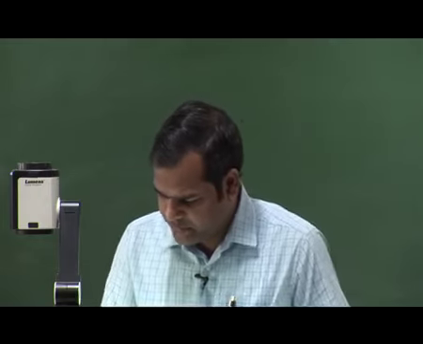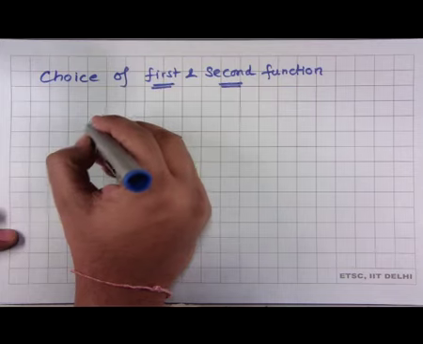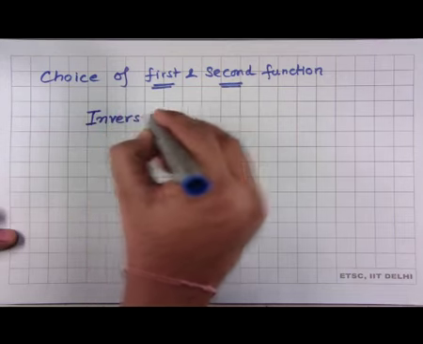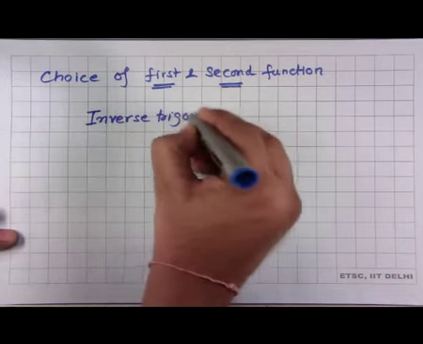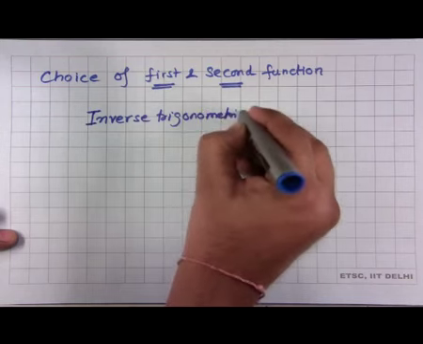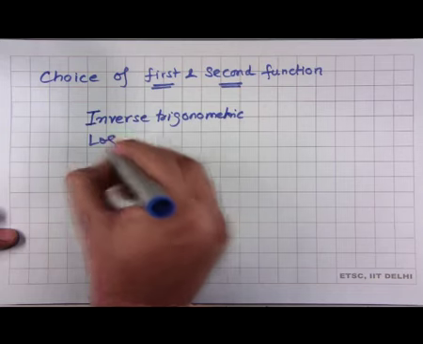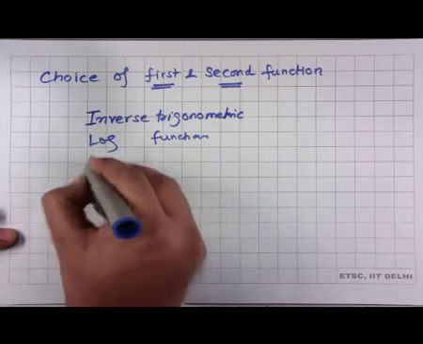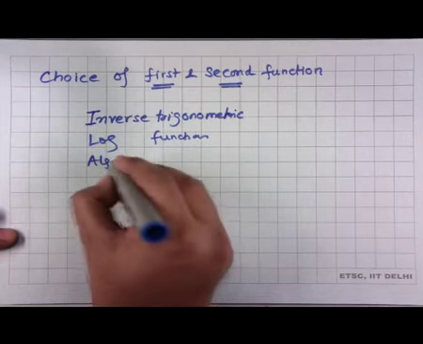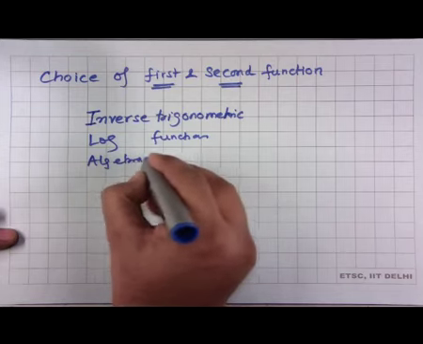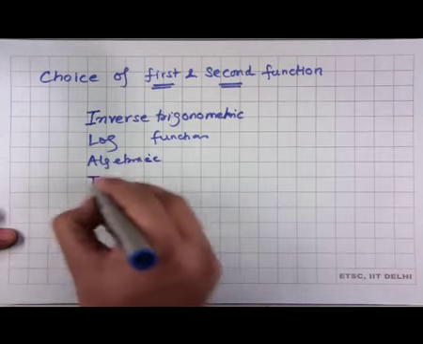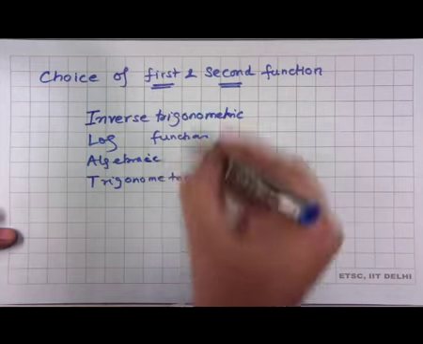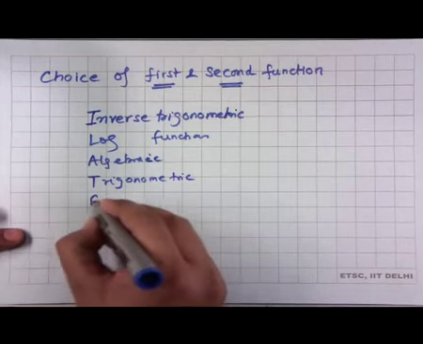There is a convention which says that if you have a combination of functions which involves, say, inverse trigonometric functions, logarithmic functions, algebraic, say polynomial, etc., then trigonometric, and then exponential.